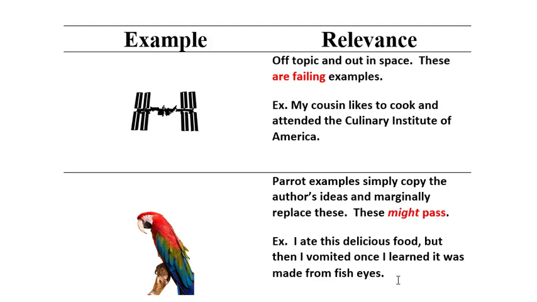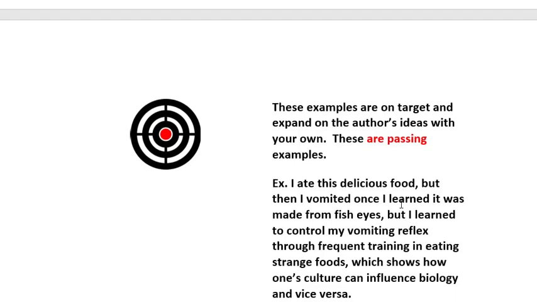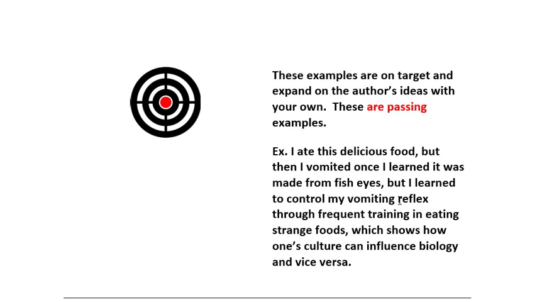If you cite Kluckhohn and say it shows that biology has a connection with culture, okay, this might pass, but it will be a marginal type of development. Certainly it's better than the previous one, which is out in space somewhere and has no connection, but this is still a weak type of example. So let me go on to two other ones here. I'll concentrate first on this one.